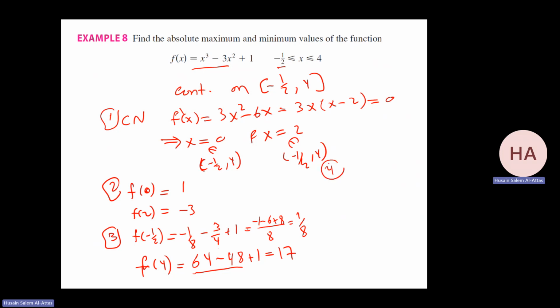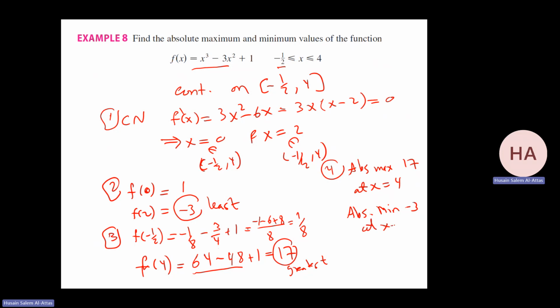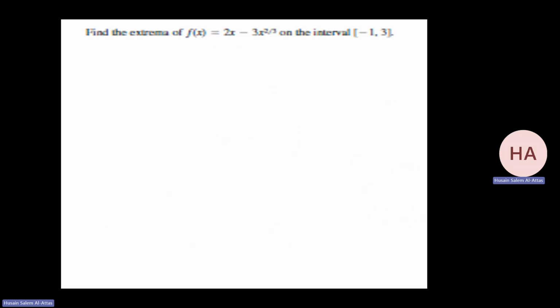My fourth step, what is the greatest? This is the greatest, and this is the least. So I have absolute maximum 17 at x equal 4, and absolute minimum minus 3 at x equal 2. Okay, I think the idea is very clear.